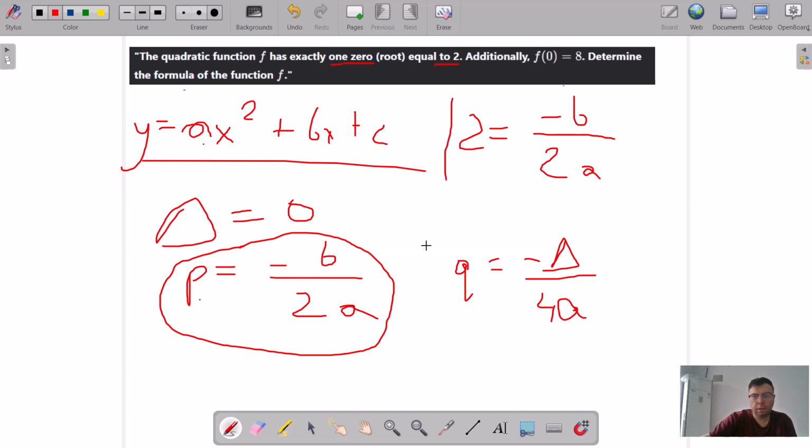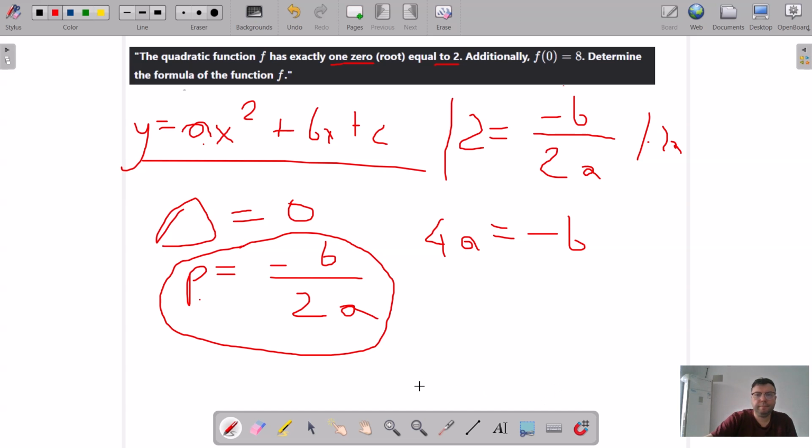So what do we know from here? Okay, let me erase the part. After you multiply times 2a to get rid of 2a from the denominator, you will know that 4a equals minus b. Alright?